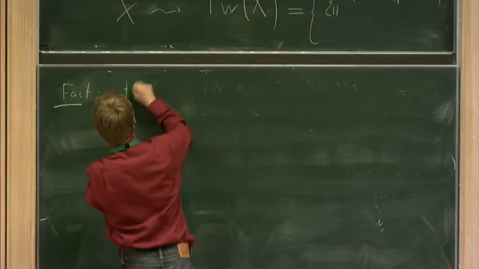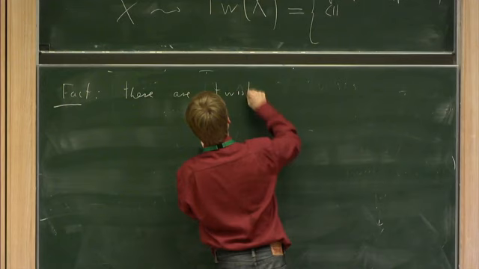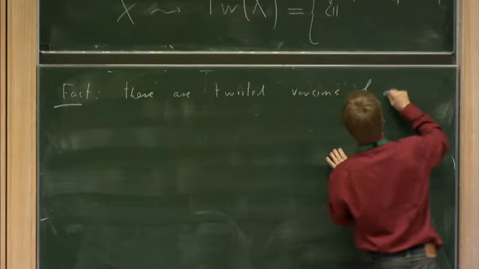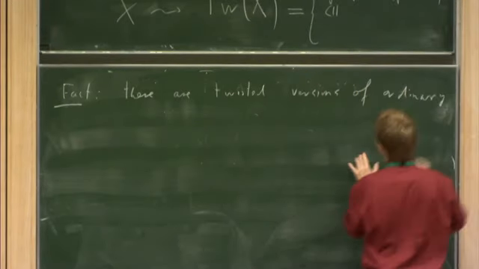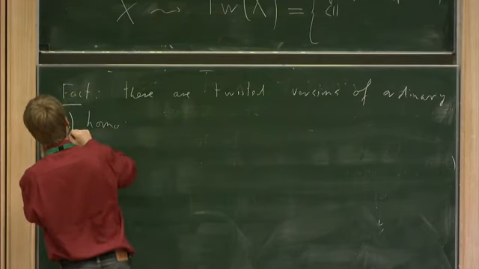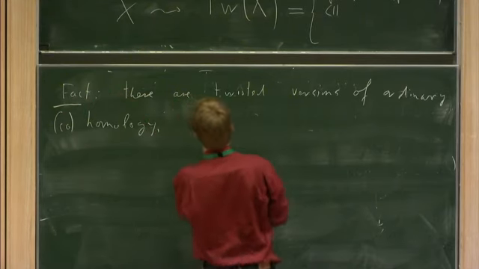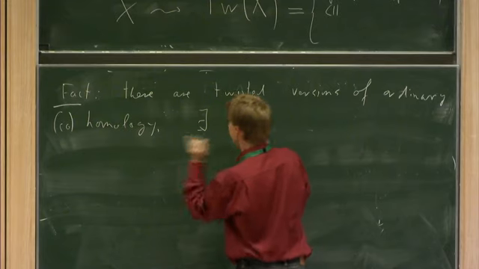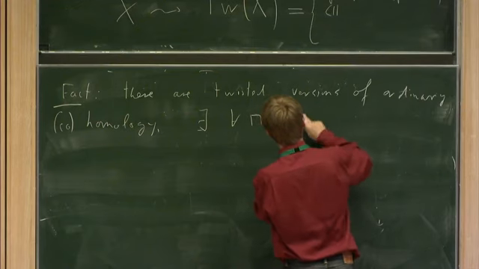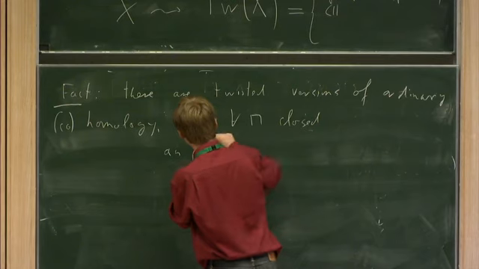There are twisted versions of ordinary homology and cohomology. For any m, for all closed manifolds, meaning compact, no boundary, there is a canonical orientation twist.